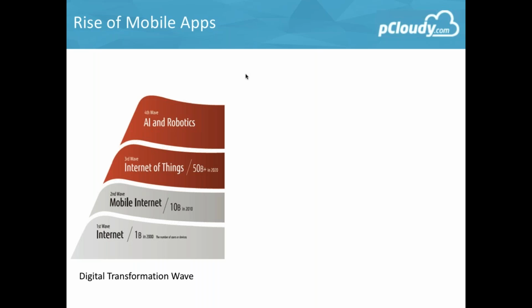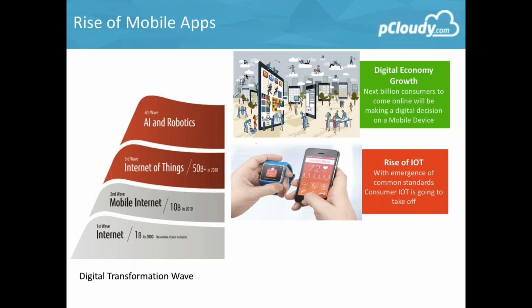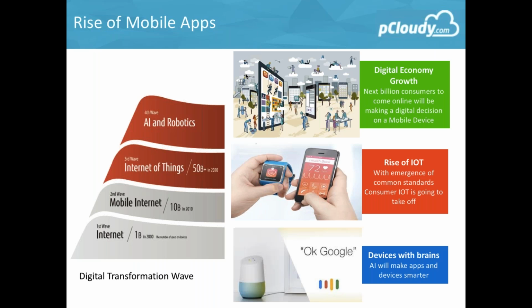While this second wave, the mobile internet wave, is continuing, the third wave has already started, which is the rise of IoT devices, Internet of Things devices. In this context, I am particularly focusing on the emergence of consumer IoT, which is going to be the next big thing in years to come. You are already seeing the rise of smart homes, smart fitness, smart watches kind of devices, and we'll see more and more devices around us in years to come.